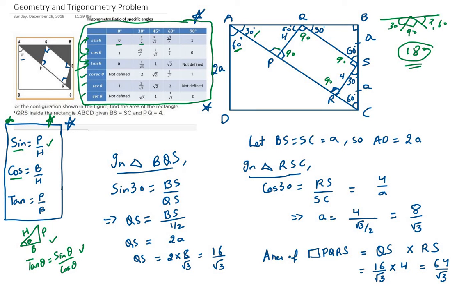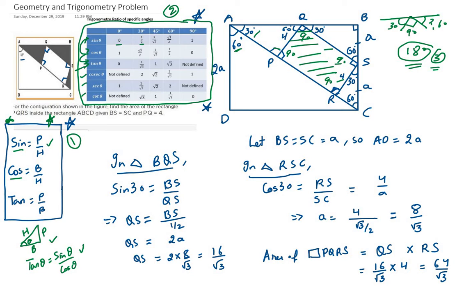This is the third concept: first is this thing, second is this thing, and third is this concept here, that angles around a point are always 180 degrees. Now moving on to the problem, we have figured out all the angles. Now we have to figure out the area of this shaded rectangle, PQRS.